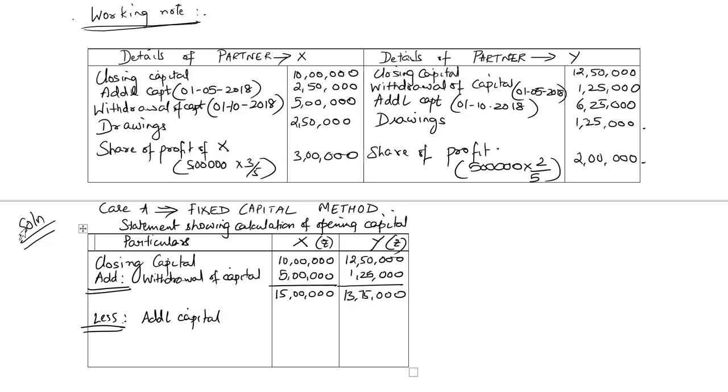Additional capital for X, rupees 2,50,000, and for Y 6,25,000.